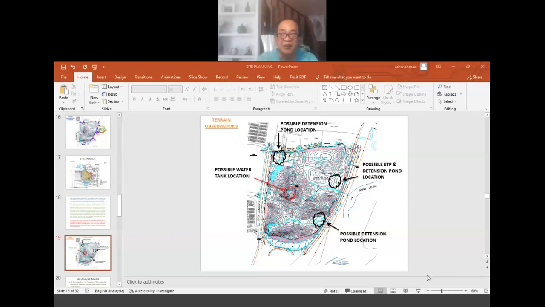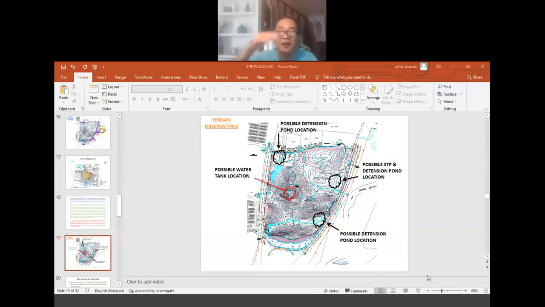So we try to overcome this by providing a storage facility before discharge, and that storage facility is the detention lake or detention pond. So the lakes in UTM, all the lakes in UTM actually function as detention ponds for storage facilities in heavy rains, and then the water will start to rise up.